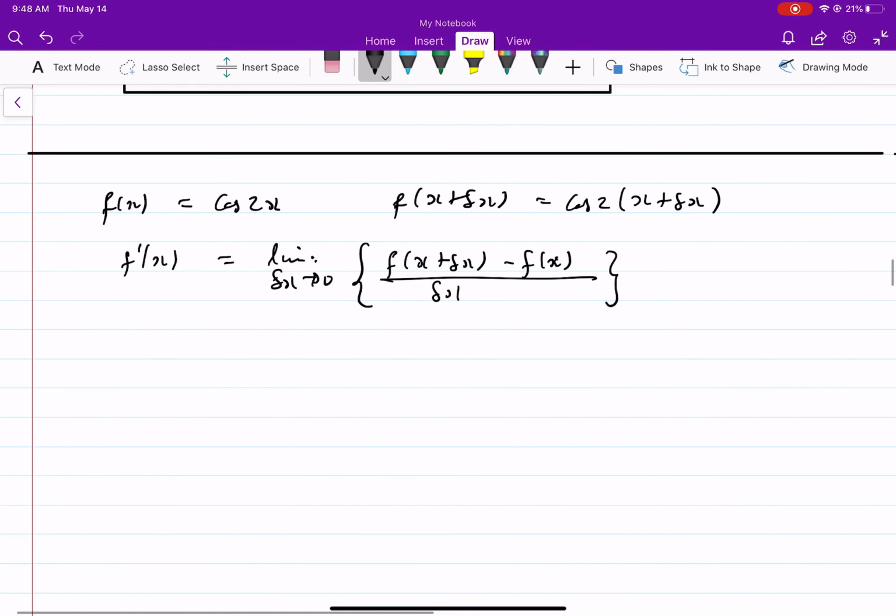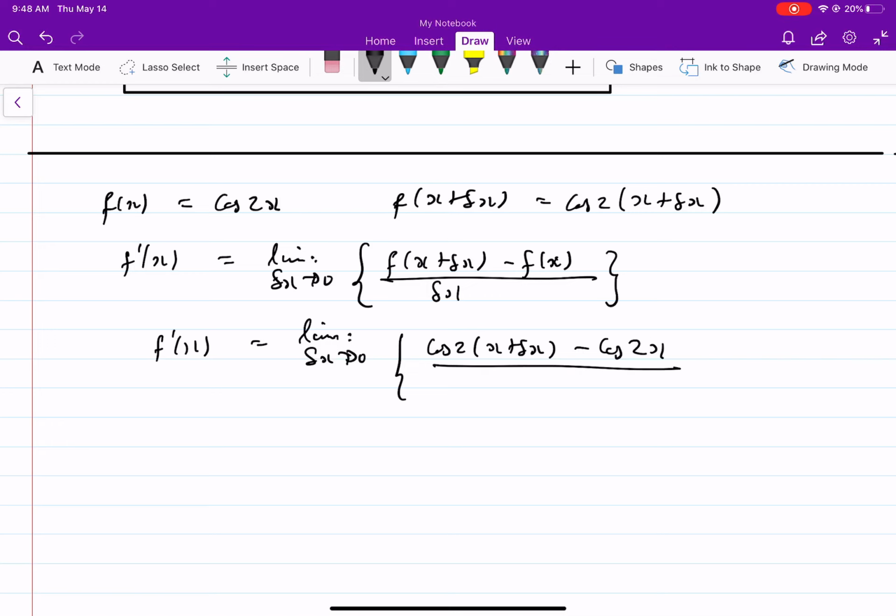You write this enough times, you remember it by heart. Which in this case would be the limit as delta x approaches 0 of cos of 2 into (x plus delta x) minus cos of 2x, all divided by delta x.